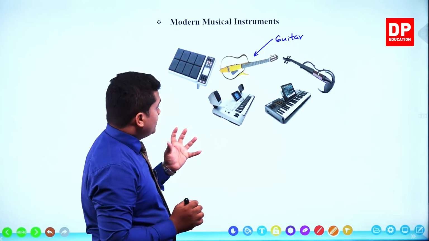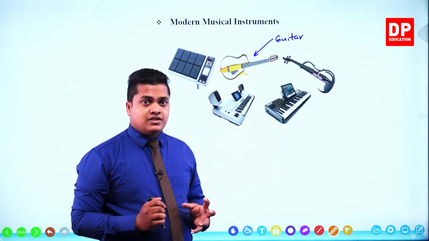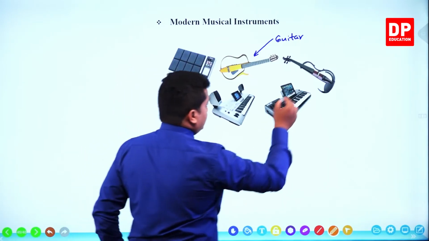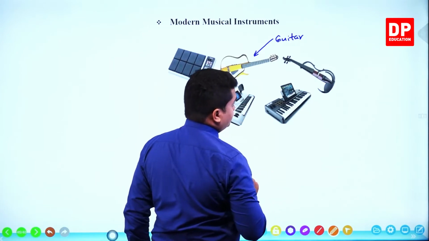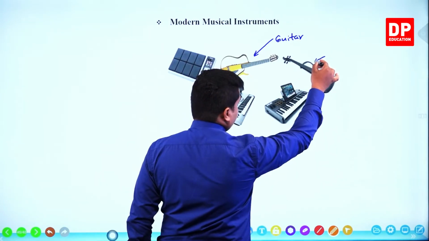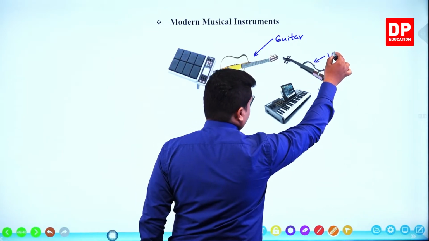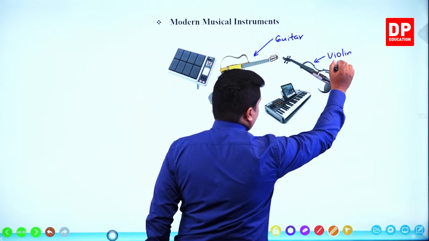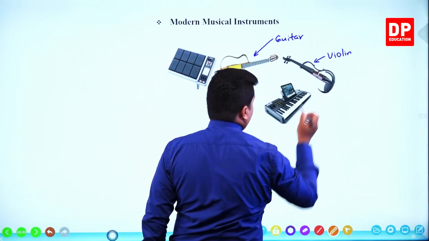Most of these are used in musical festivals and in weddings also, wedding ceremonies. This is a special type of violin.